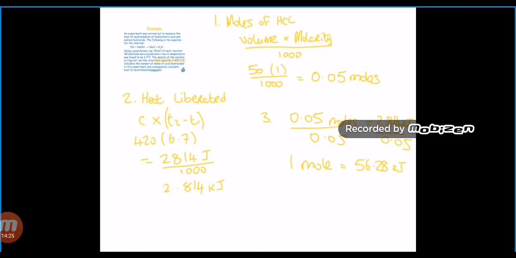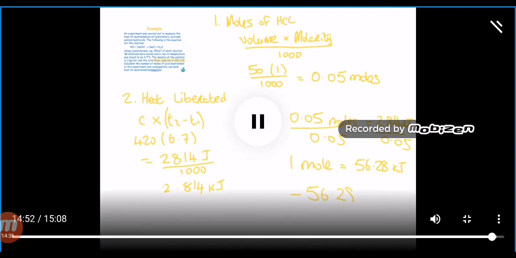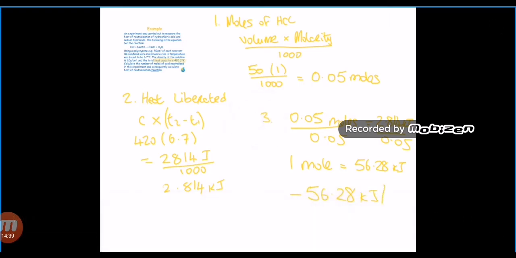But we know that heat of neutralization is always negative, so that must mean that our heat is minus 56.28 kilojoules per mole, and the minus coming from us knowing that it is an exothermic reaction.